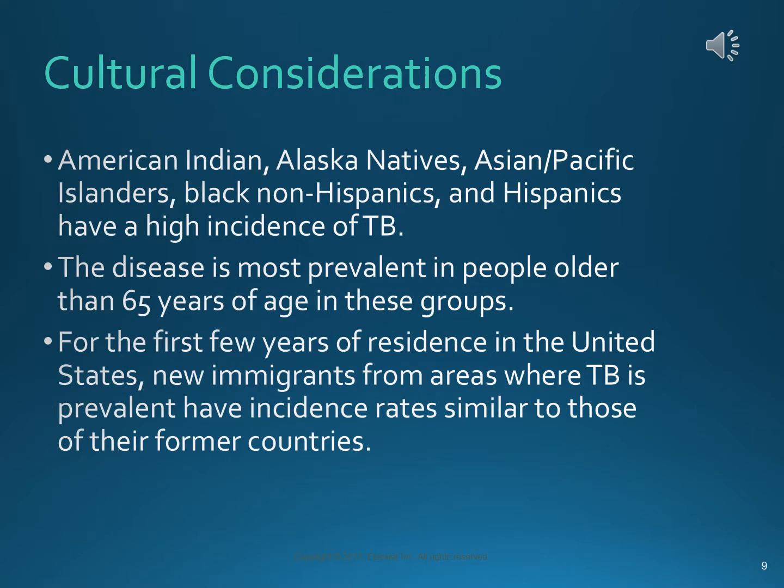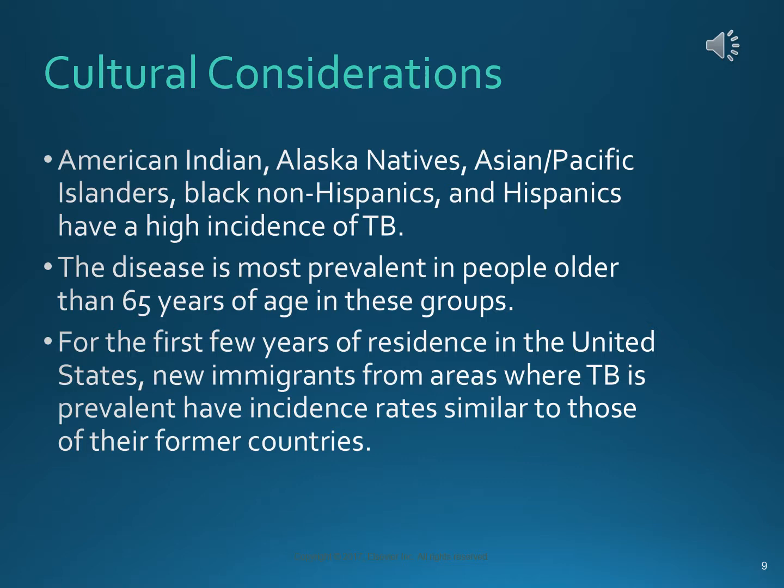Some cultural considerations with tuberculosis include higher incidence in American Indians, Alaska Natives, Asian Pacific Islanders, Black, non-Hispanics, and Hispanics. The disease is most prevalent in people older than 65 years of age in these groups.